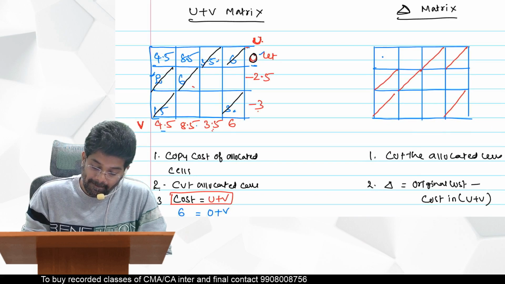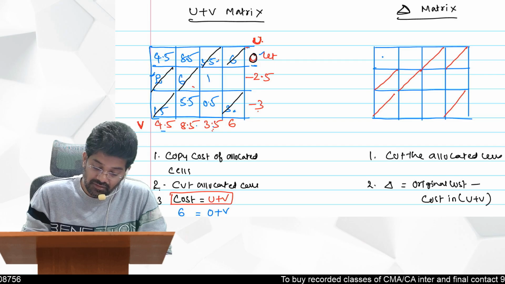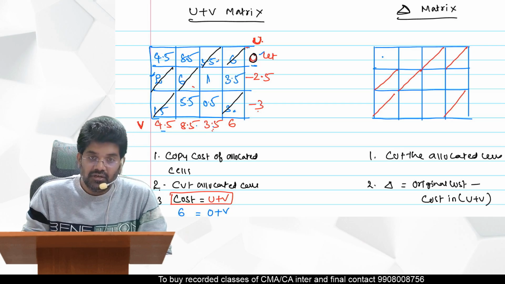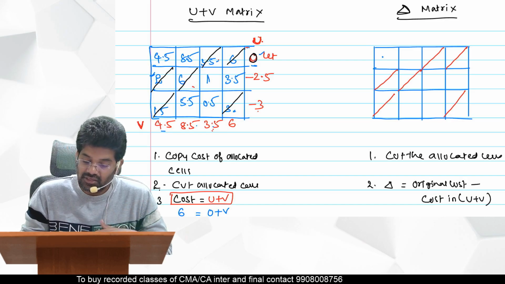Then minus 3 plus 8.5 is 5.5. 3.5 minus 3 is 0.5. Then minus 2.5 plus 3.5 is 1. Then 6 minus 2.5 is 3.5. So for the unallocated cells I got the u plus v cost.